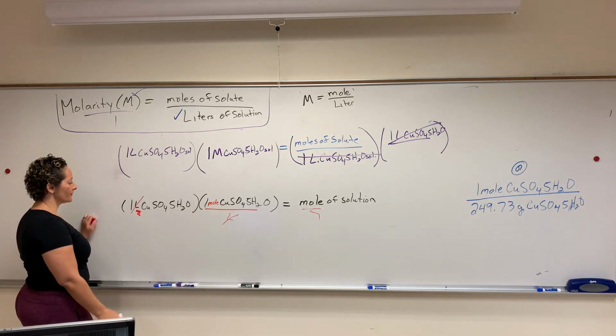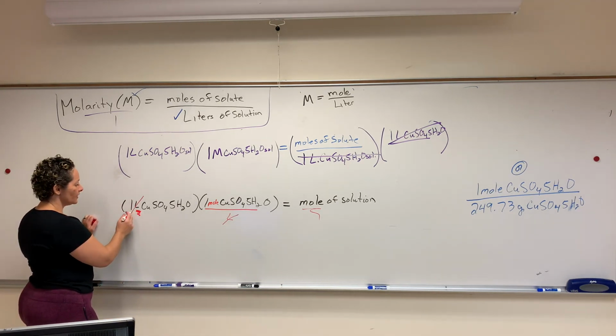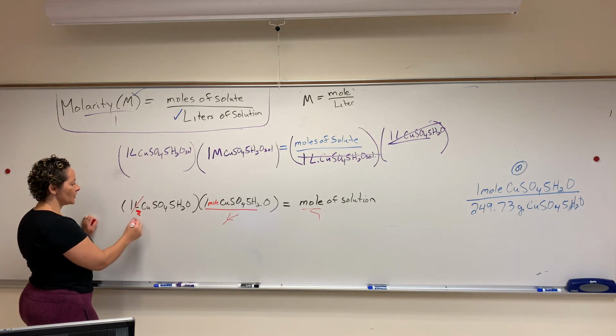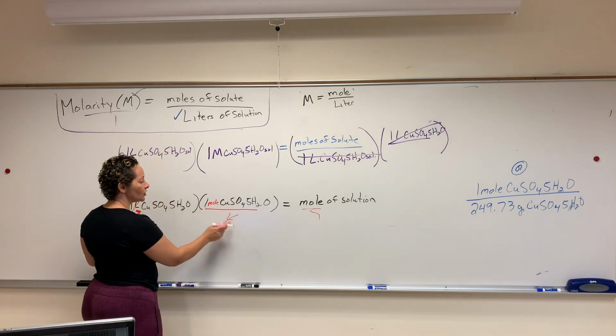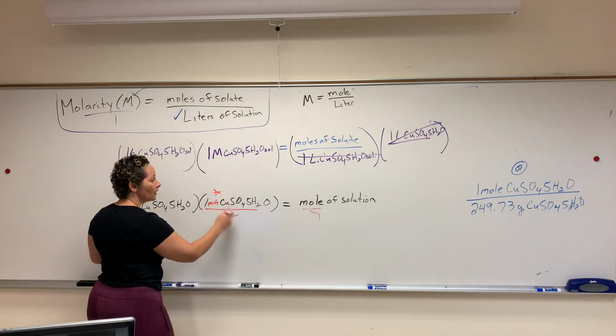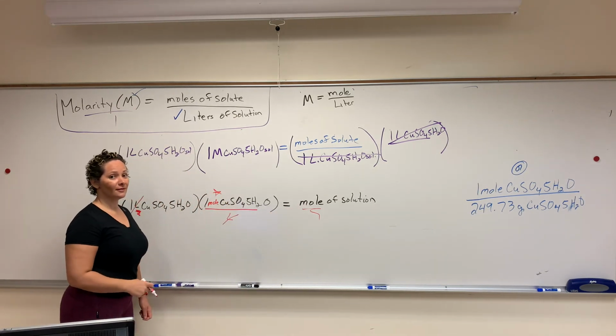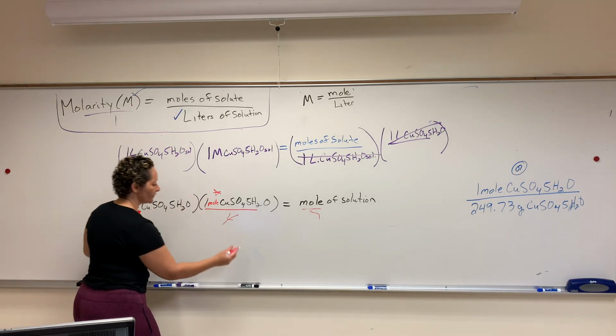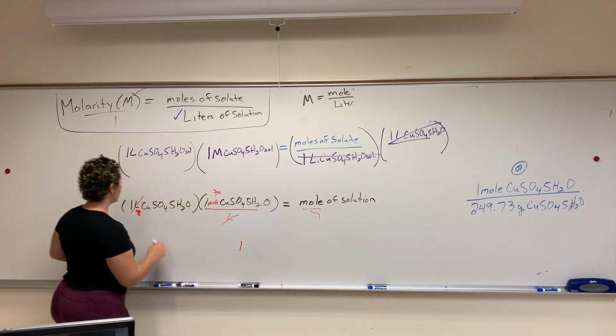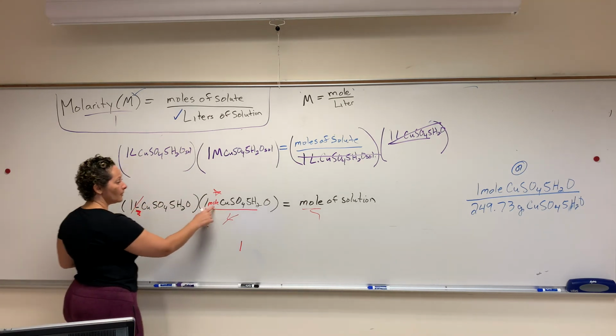Cancel liters. I can't cancel the number 1. The number 1 is a number there. Okay? So with that, it's all the same label. So you're left with moles. Aren't I trying to solve for moles? Yes. Okay. Now, 1 times 1 is 1. No label. Label is moles.